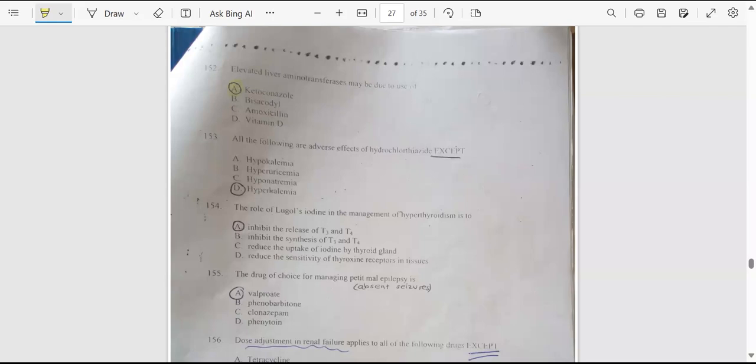Itraconazole, terbinafine, flucytosine, all those antifungals, even amphotericin B. I think even statins, but I'm not too sure.